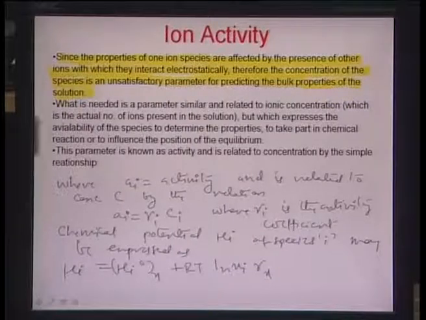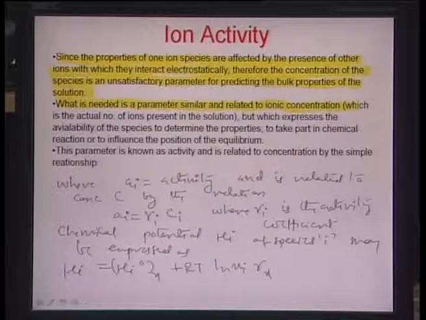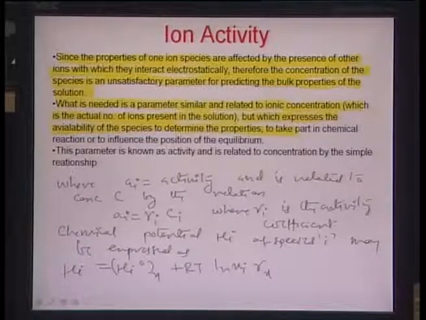So, what is needed is a parameter similar and related to the ionic concentration, but which is not the actual number of ions present. The concentration is of course the actual number of ions present in the solution, but this parameter expresses the availability of the species to take part in chemical reaction and to influence the position of the equilibrium.